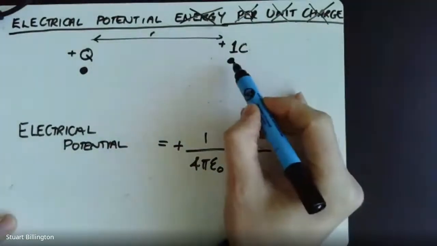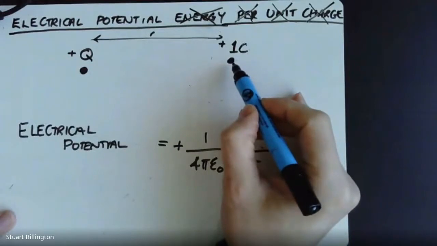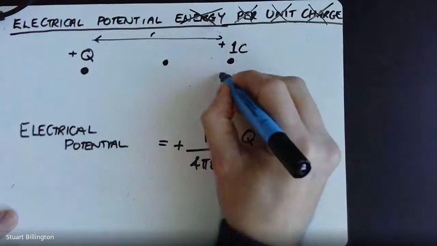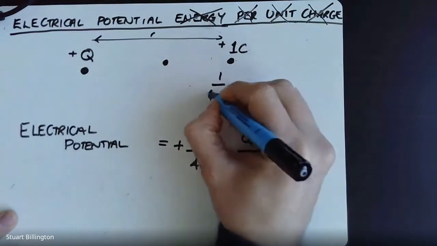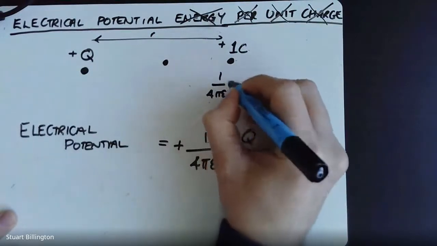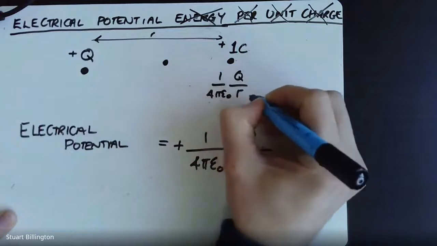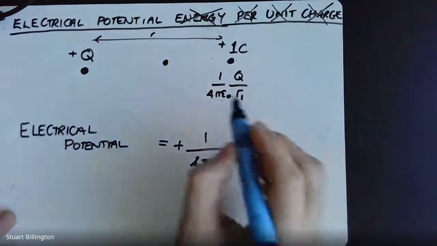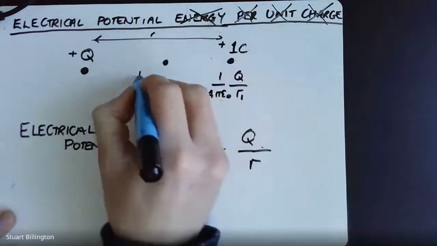So if we move this 1 coulomb charge from here to here, then its electrical potential at this point, let's call that R1, and then we'll move it into a position R2.